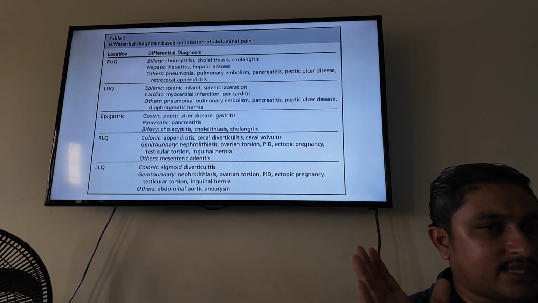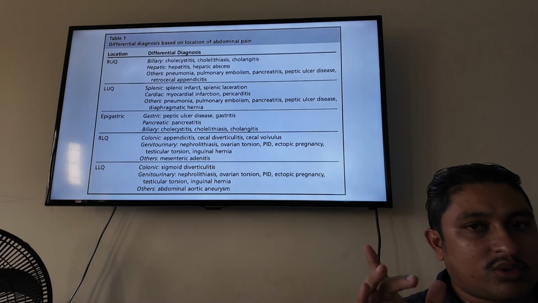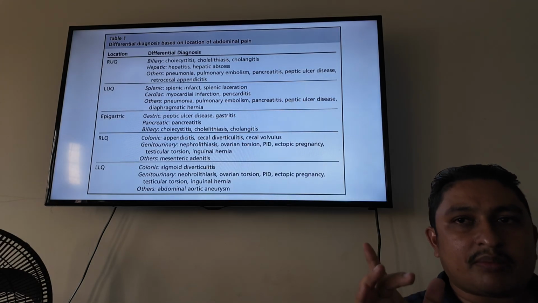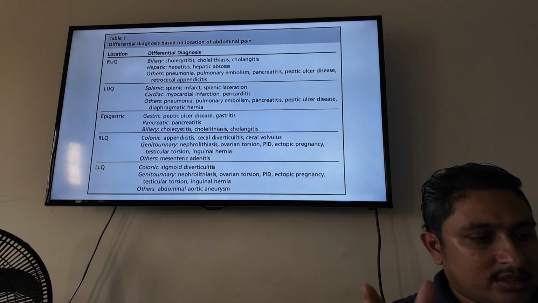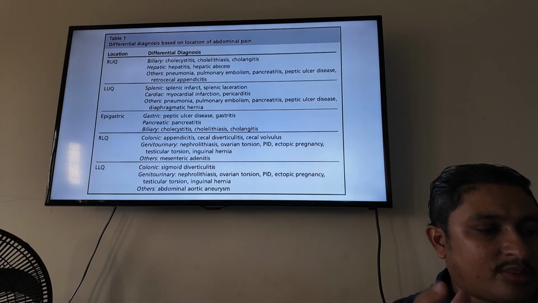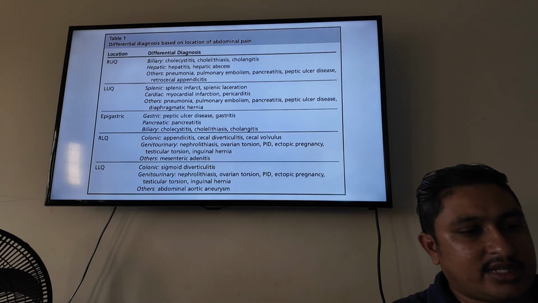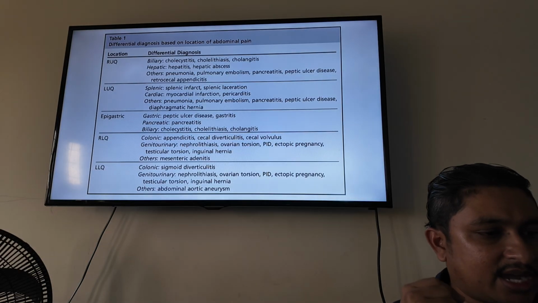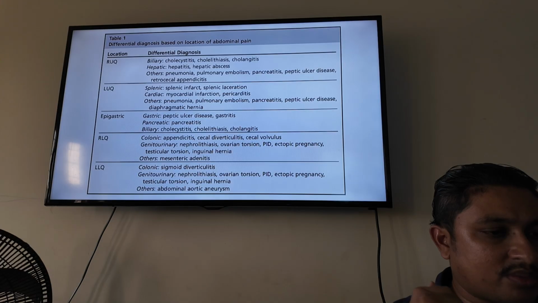This is just a table that illustrates what are some of the main or common diagnoses that can occur within a specific quadrant. Just to give you an example, right upper quadrant pain, you have biliary pathologies such as cholecystitis, cholelithiasis, hepatitis, hepatic abscess, and of course you can have referred pain from pneumonia or pulmonary embolus.